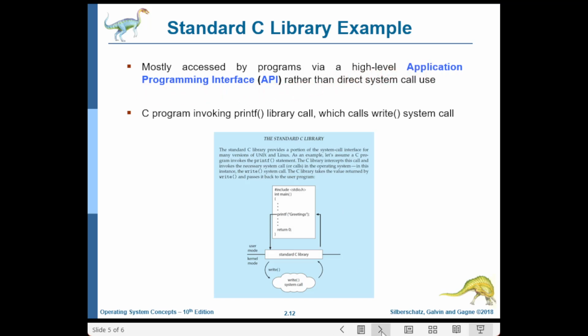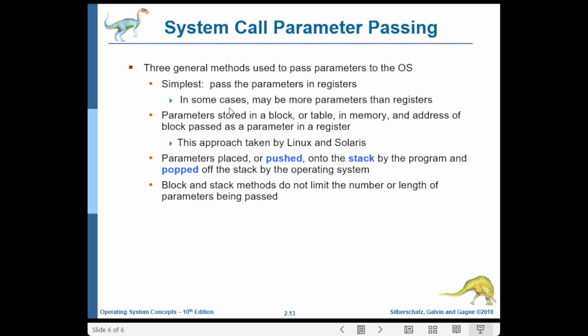We have three general methods used to pass parameters to the OS. Actually, these are the three general methods used by assembler for parameter passing. The simplest one is to pass the parameters in registers. This is suitable if the number of parameters is 4 or less.